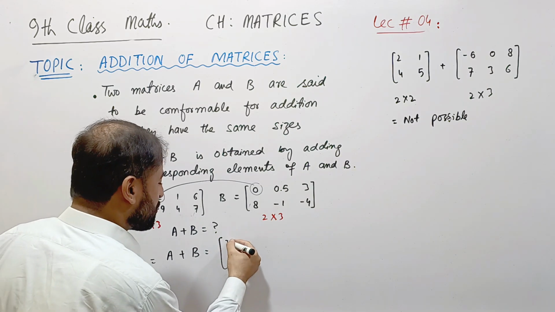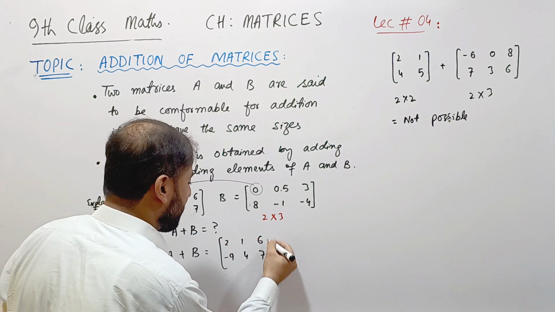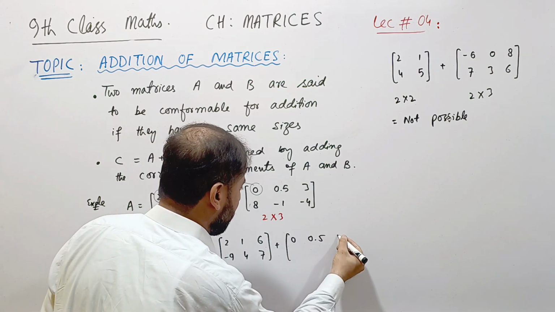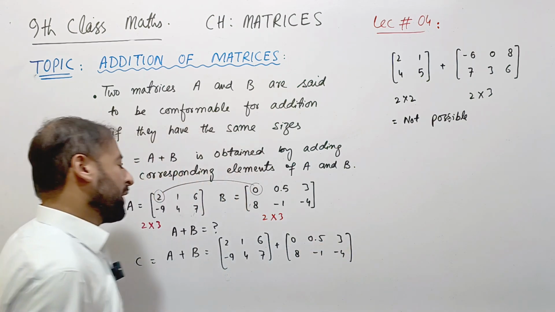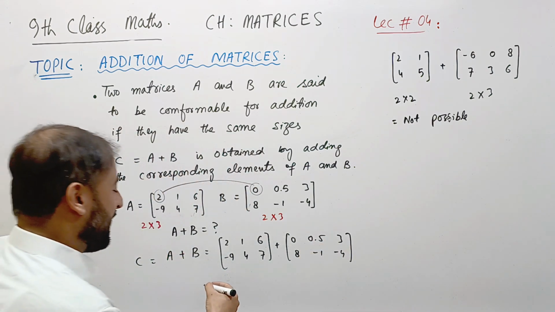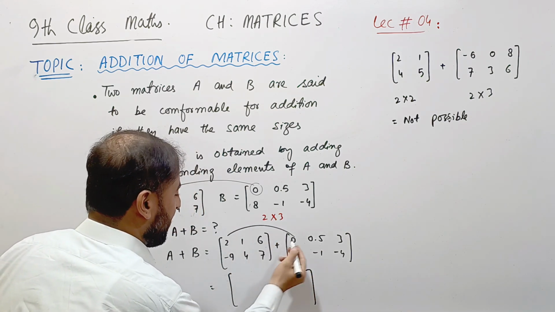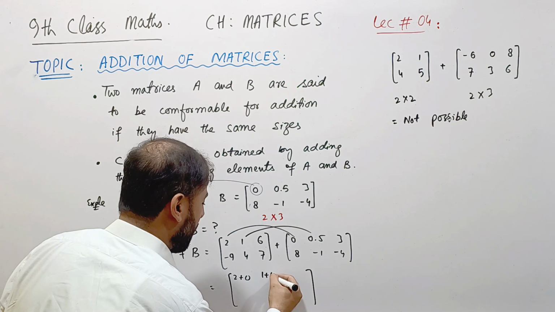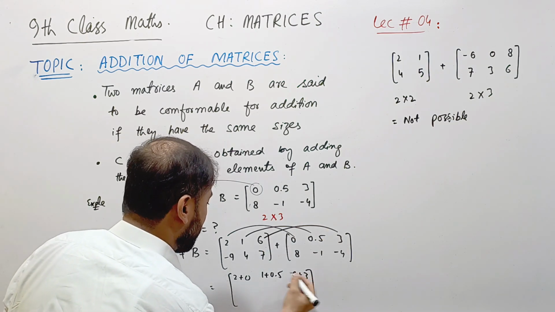Write the two matrices: 2, 1, 6, minus 9, 4, 7, plus 0, 0.5, 3, 8, minus 1, minus 4. Okay, now add their corresponding elements. Students, we will add these two, 2 plus 0, these two, 1 plus 0.5, corresponding 6 plus 3. Right, students?